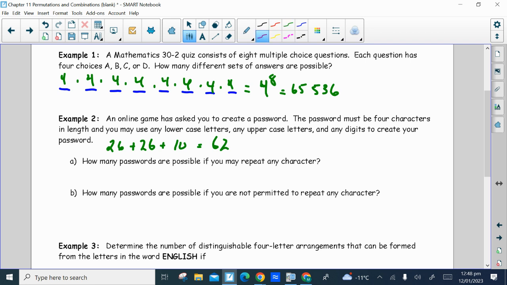So part A asks, how many passwords are possible if you may repeat any character? So it's going to have 4 characters long, and if you are allowed to repeat any character, there's no restrictions. That means you'd have 62 choices for each one.